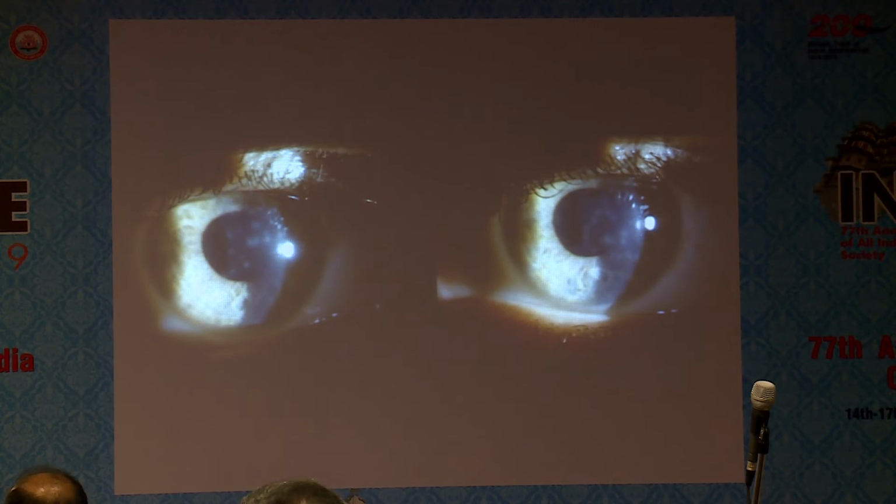If it is in the center of the cornea, you have to use steroid, otherwise it will not clear up. And if you wait for it to clear itself, sometimes you will have a permanent spot there in the center, and that will definitely affect the vision qualitatively and quantitatively. So we have to use steroid in these cases, but if we use steroid, the risk of recurrence also increases.